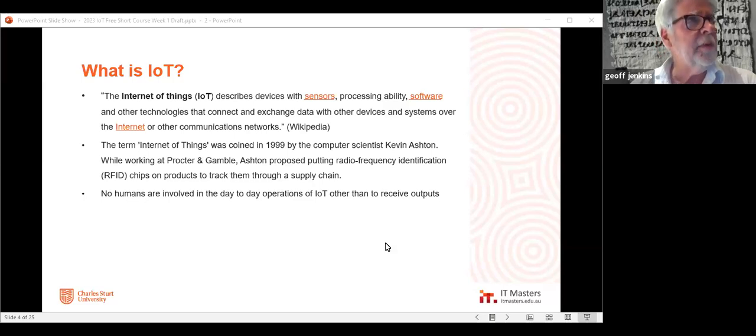One of the interesting things about no humans being involved, and this is true and false, is that when we try and work out what the value of Internet of Things is, what the value of these projects might be, sometimes because people are not involved, the value is not recognised, and I think this is largely true in the history of the Internet of Things.